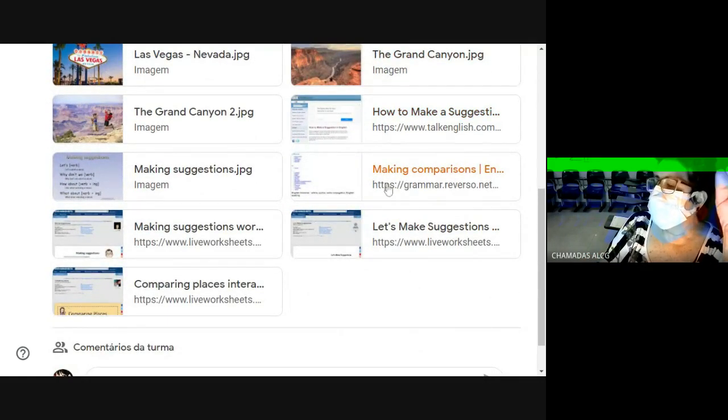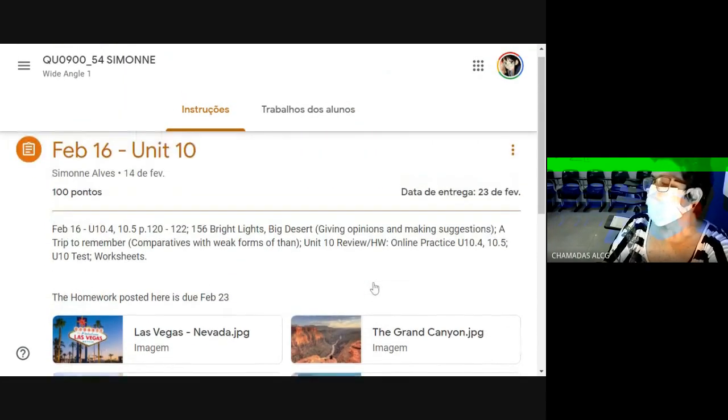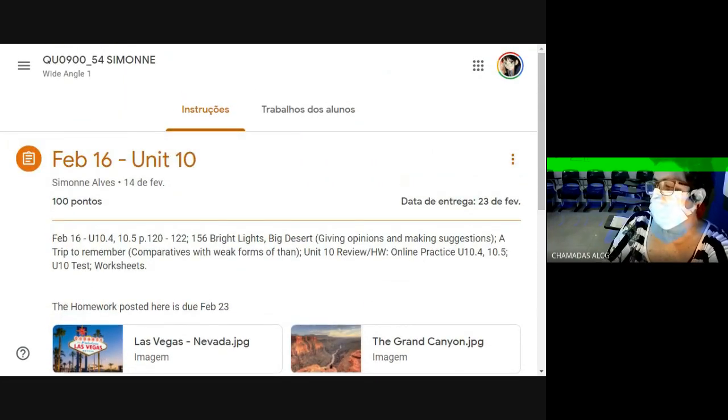I also posted something about it, and also 2 worksheets on making suggestions and 1 on comparing, for you to practice. So homework for you guys: online practice, Unit 10.4, then 10.5, Unit 10 Test, which is also on the platform, and the worksheets.